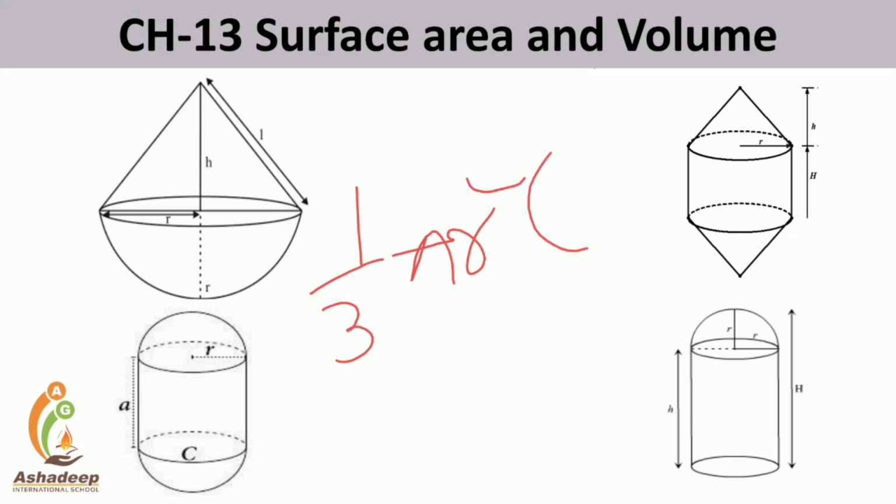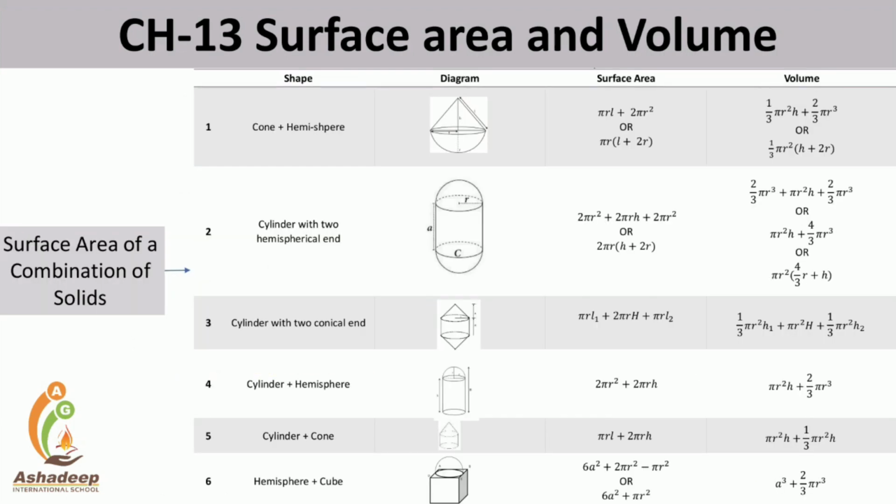In bracket, what remains? The remaining thing is h plus 2r, right? Okay, so let's see this. 1/3 pi r square h plus 2/3 pi r cube, and 1/3 pi r square common, so it's nothing but h plus 2r.